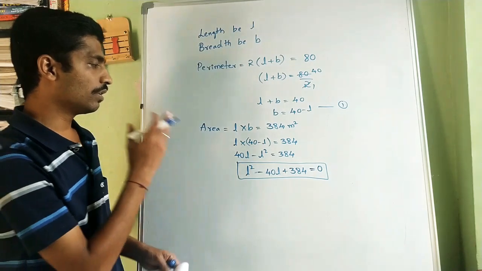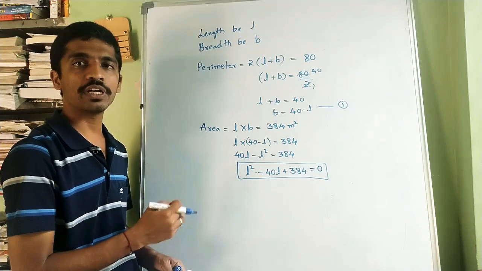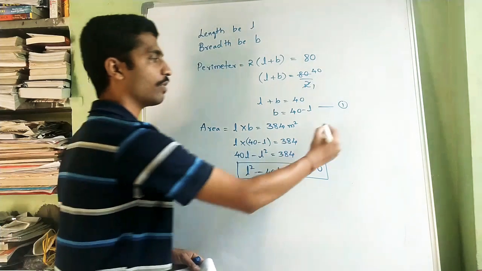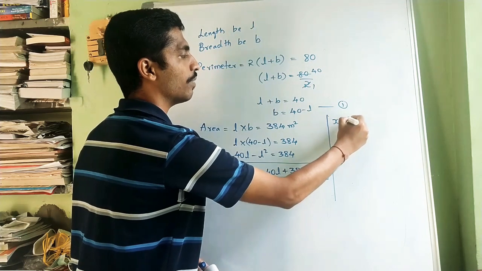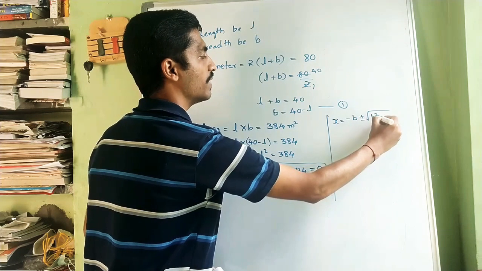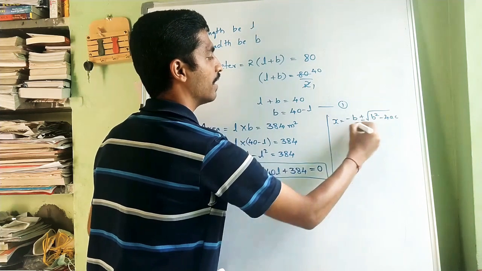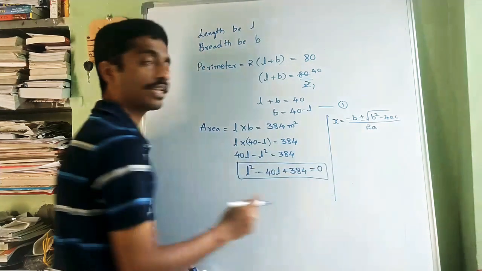Okay, so the numbers are bigger, so here I will use the quadratic formula. So what is our quadratic formula? x equal to minus b plus or minus root of b square minus 4ac divided by 2a. This is our quadratic formula.